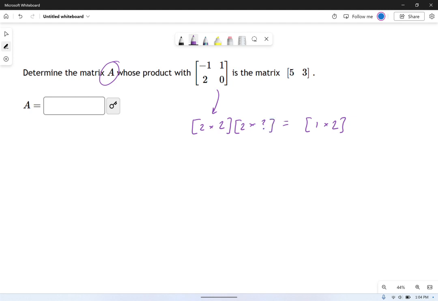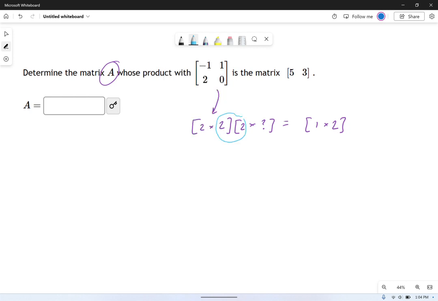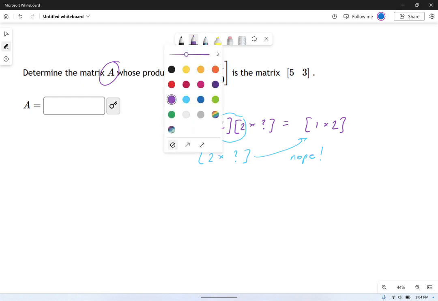Let's examine what would happen if this were in fact true. These two dimensions here would cross out, and you would get, as your result, a 2 by something. Now, there's no way that's going to match. A 2 by something cannot be equal to a 1 by 2. It just doesn't work. So we know this idea of multiplying our 2 by something to the right does not work.